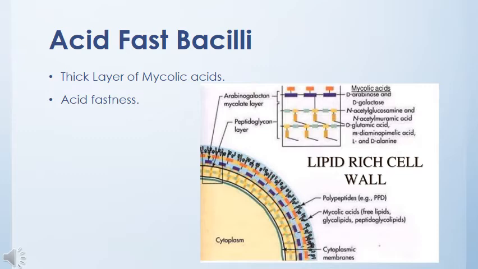Due to this resistance against even a strong acid used as a decolorizer, we say the bacteria are acid fast. These are acid fast bacilli. They can resist and maintain the color of the primary stain, and they can resist the decolorizers. So that's why we say these are acid fast bacilli, and they have a thick mycolic or lipid layer external to the outer membrane.